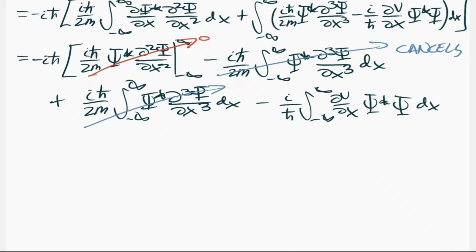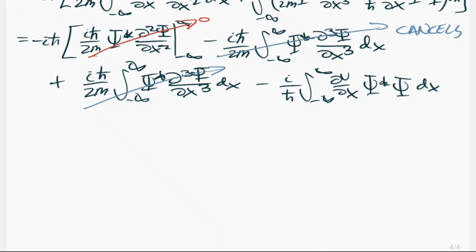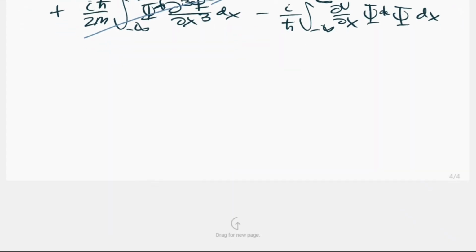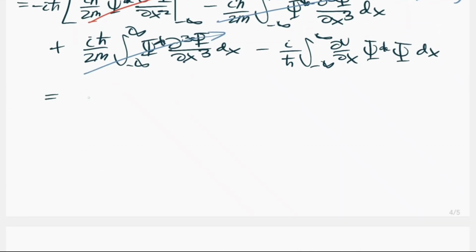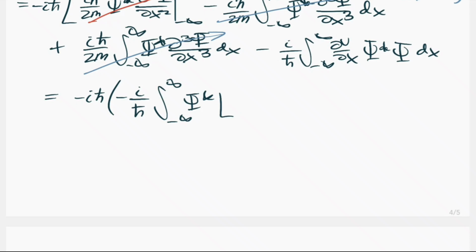dx. Okay. So this is when we can start compiling everything together. We see that this is equal to negative i h bar times negative i over h bar, and then we have the integral from negative infinity to infinity of psi star dV/dx psi dx.